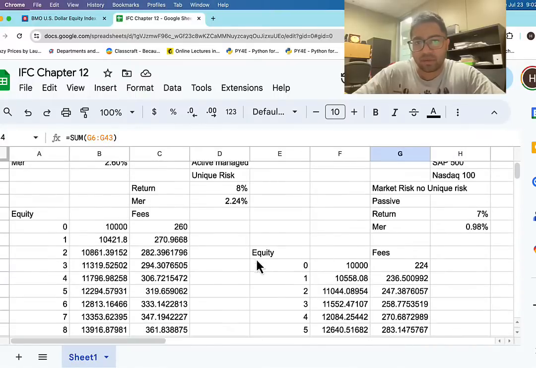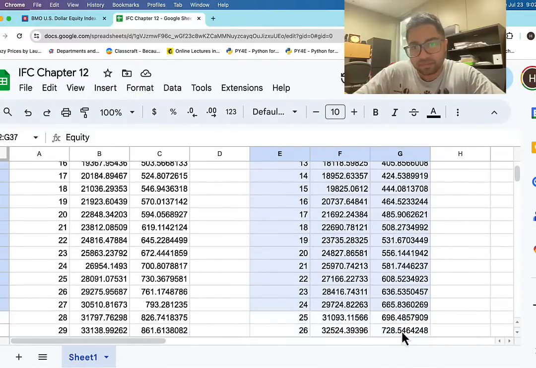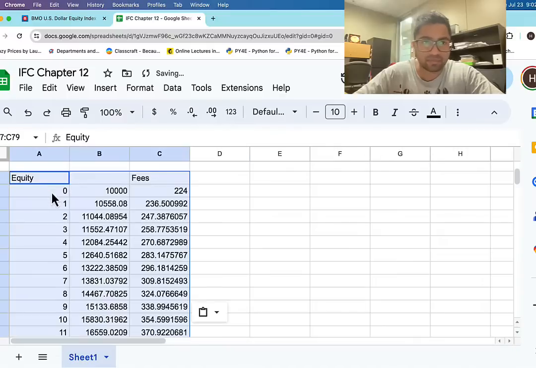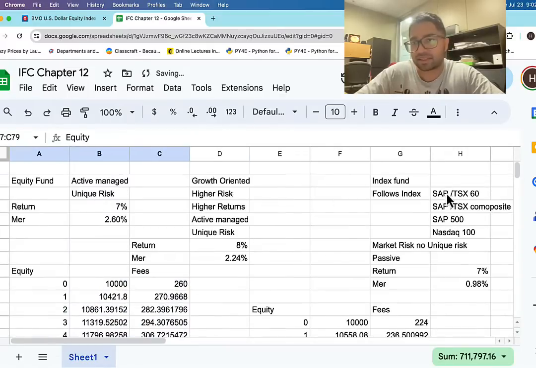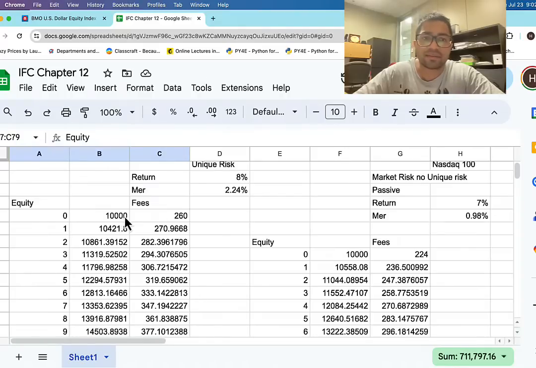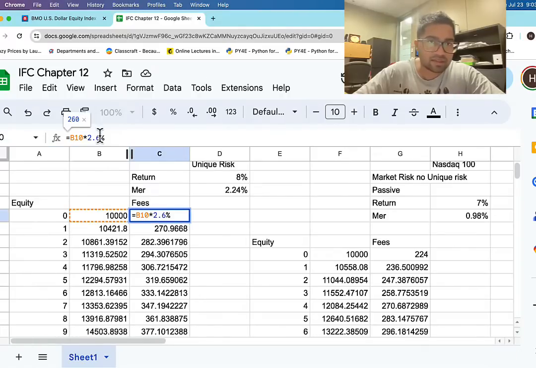The fund value is a little higher because returns are also higher and the fees are also a little lower in that fund. What happens if you invest in a passive fund, that is an index fund? There are better options than this index fund. The fees are still higher, right? But let's go with that. So fees are 0.98% now.